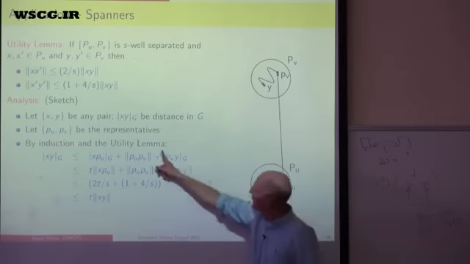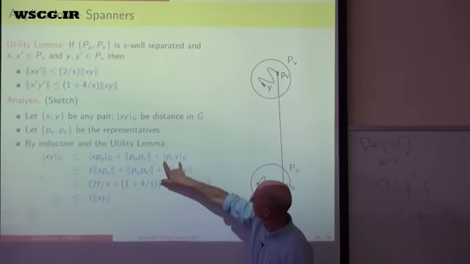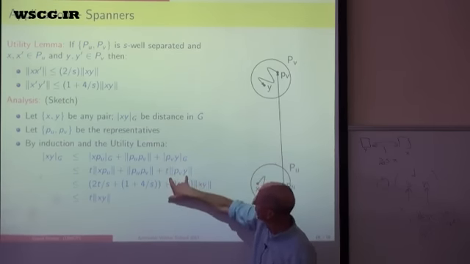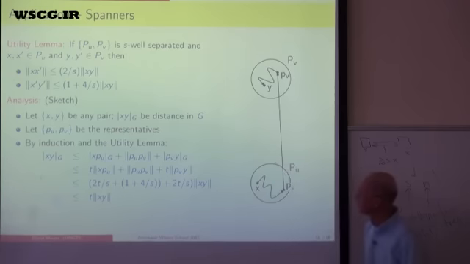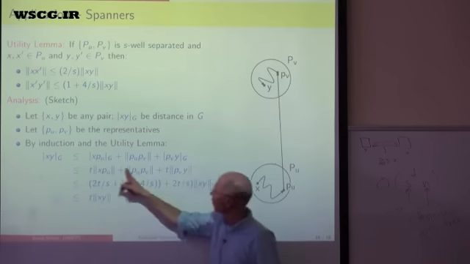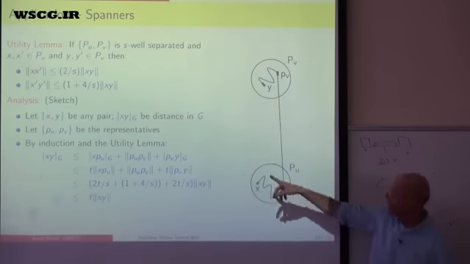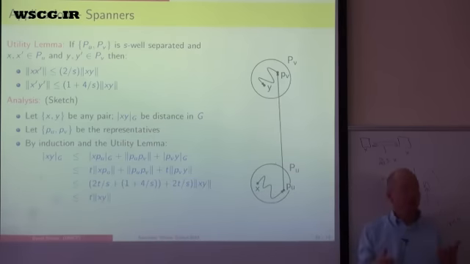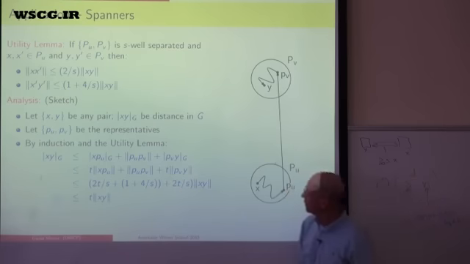Again, by the induction hypothesis, the distance between pv and y is at most t times the distance between the 2 points. By the triangle inequality, I can argue that the distance between x and y in G will be at most this. You might ask, how do you know this is the shortest path? I don't know that, but I know there exists a path of this length, so the shortest path cannot be any longer than this.